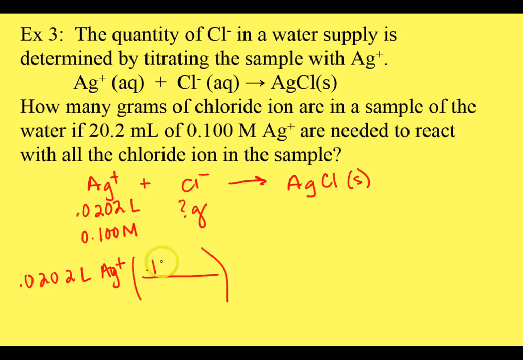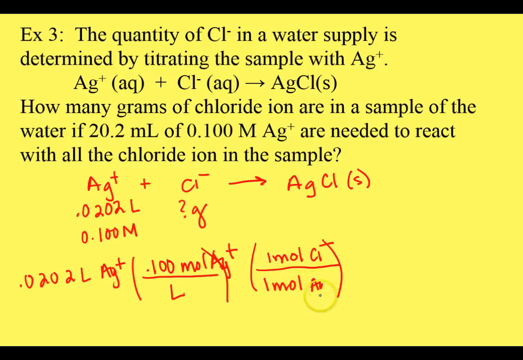So 0.100 moles per liter, and that is moles of silver ions. This time our ratio is 1 to 1. We're solving for chloride. So 1 mole of chloride ions for every 1 mole of silver ions.